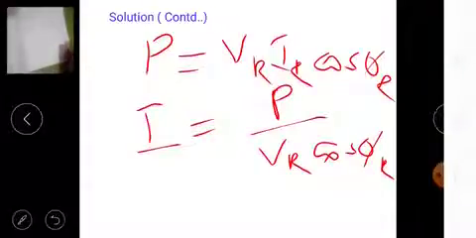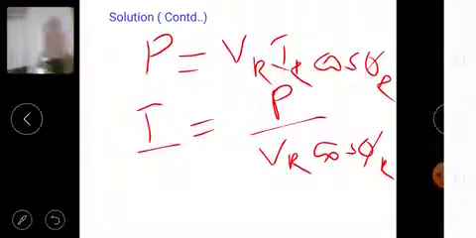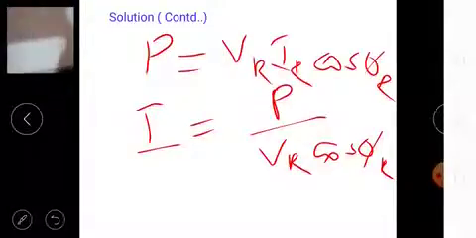Here cos phi r is 0.8 and sin phi r is 0.6. Substituting these, we have to calculate the value of VR.